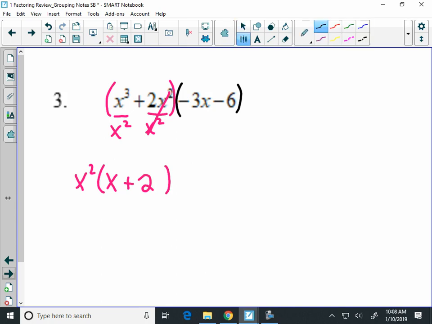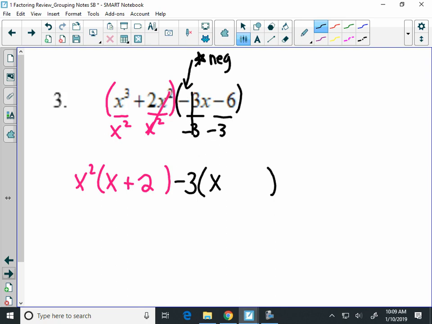Now this time, when I look at negative 3x minus 6, I'm going to pull out a GCF. Now, you would say it is 3 here. However, if the sign on the third term is negative, you need to pull out a negative GCF. That's the only time you'll pull out a negative GCF, is if this third term is negative. So when I pull out the negative GCF there, the negative 3s cancel, and you're left with positive x.